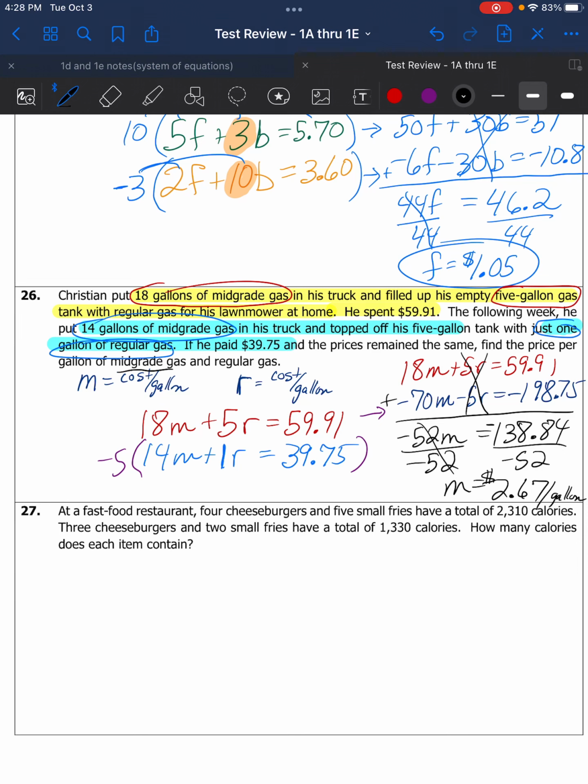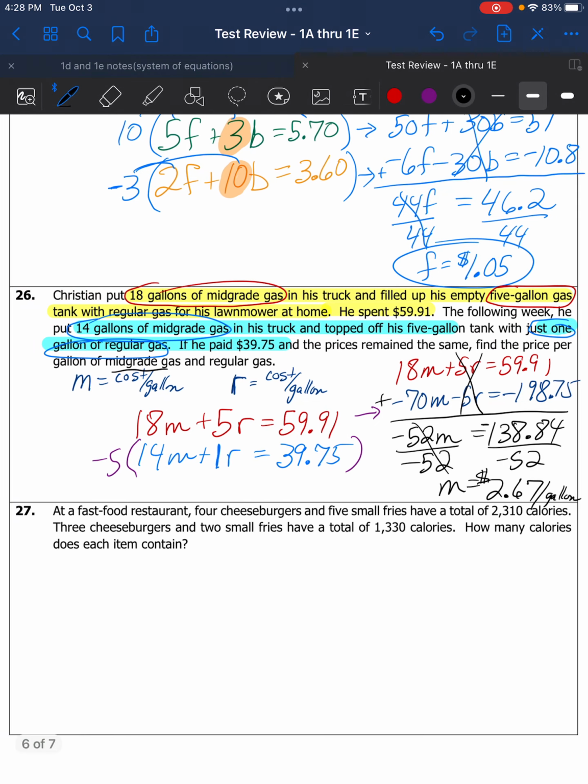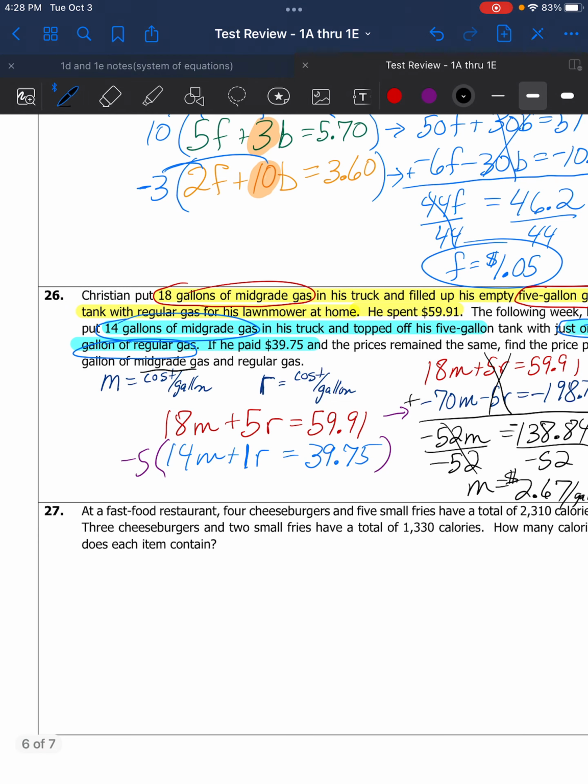So now we have to take what we have and substitute it into one of the original problems. And I somehow ran out of room here. Surprise, surprise. I'm just going to use the bottom equation.